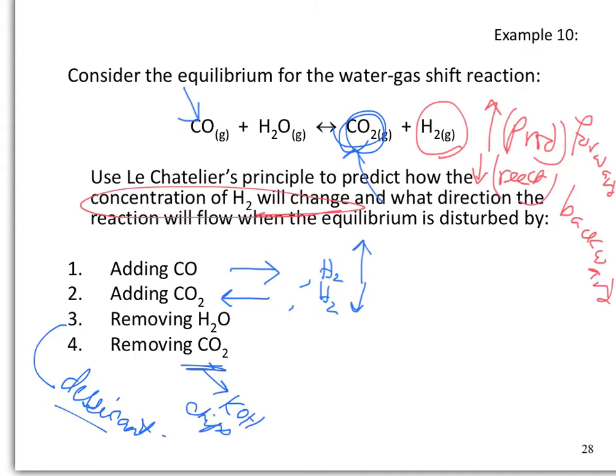So if we are removing water, that means that it should be a backward reaction that should take place, because we would want to then form water, and that means that the concentration of hydrogen gas should decrease. Likewise, if we are removing CO2, meaning a forward reaction should proceed, and if CO2 is getting formed, hydrogen is going to get generated as well.